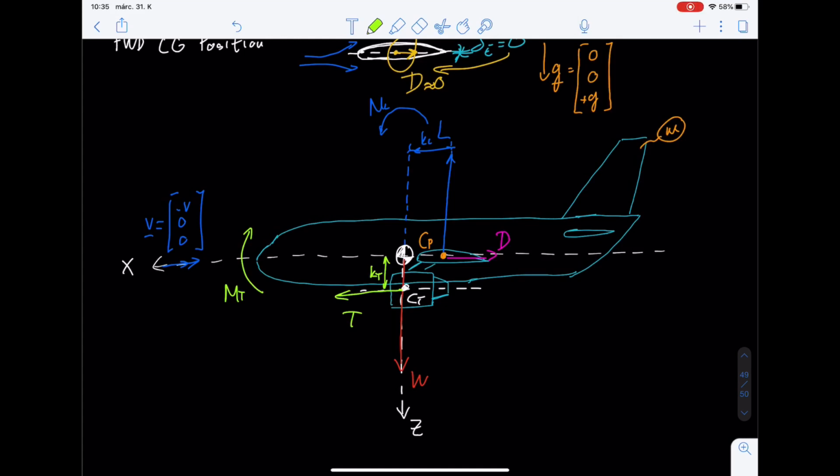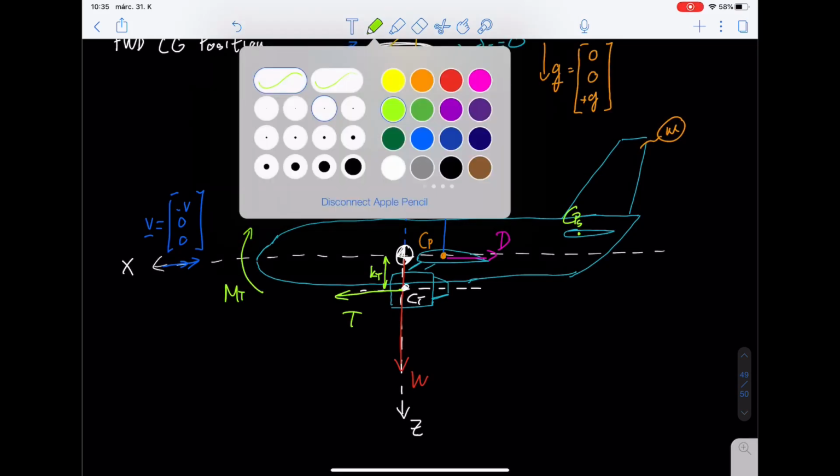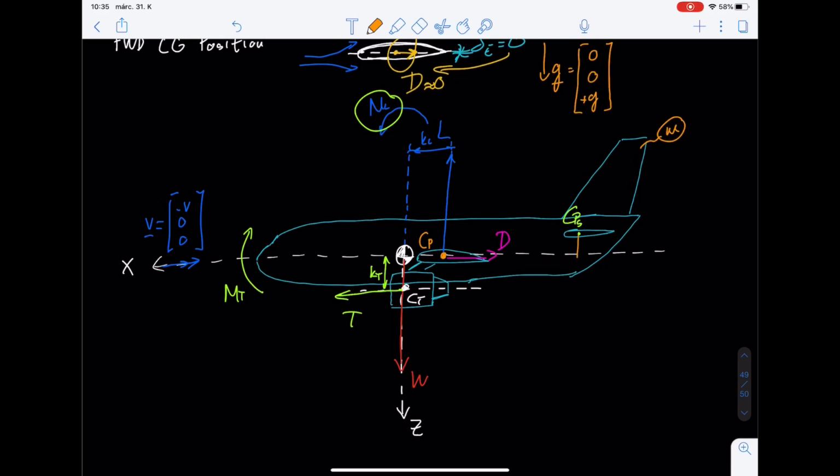So if your pitch down moment is stronger than the pitch up moment, what can you do in that scenario to regain control? You need to generate such a force at this center of pressure on the stabilizer which would generate a pitch up moment, right? So definitely your generated force would have to point in this direction.